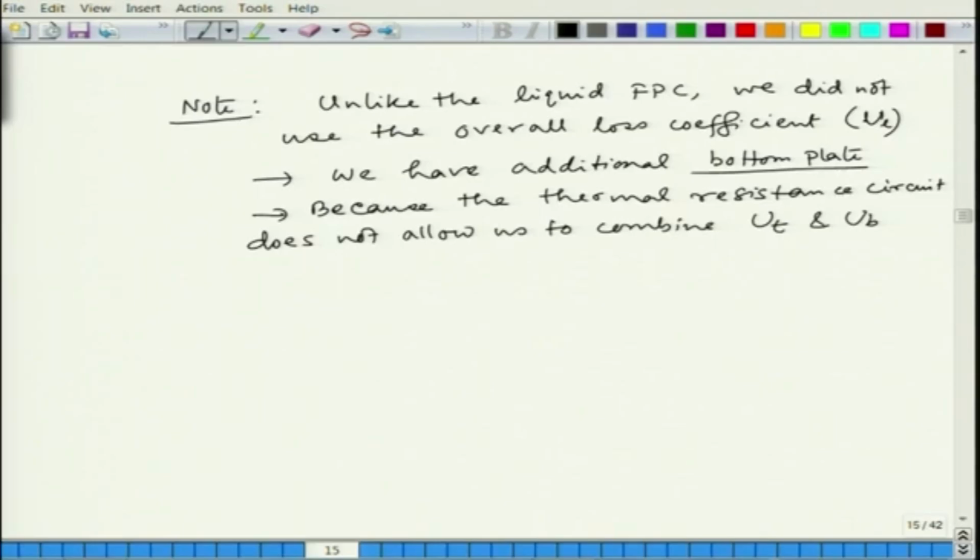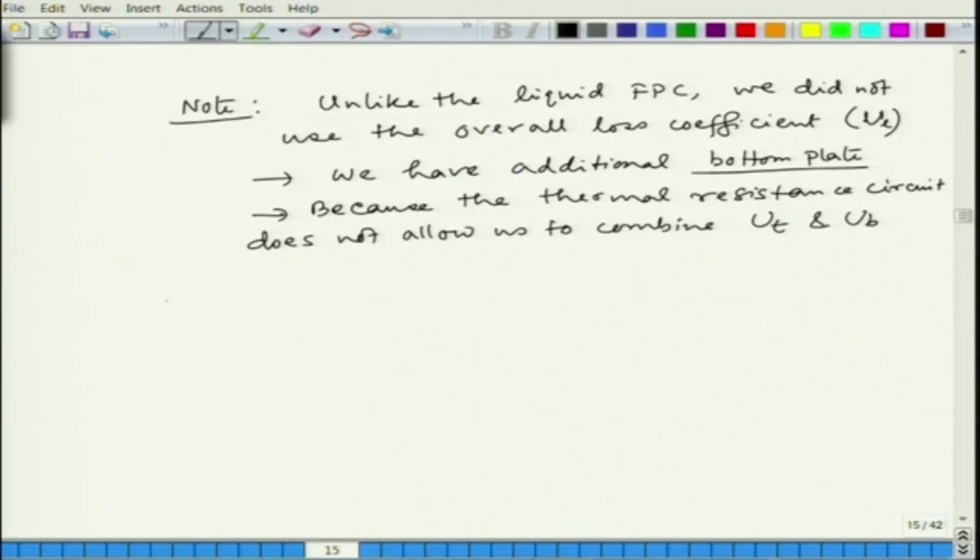It can be combined if both are connected to the same node. Here we have two nodes, one for the absorber plate, the other for the bottom plate. For that reason we cannot combine UT and UB. But we can of course apply simplifications to this, and we will see that shortly.